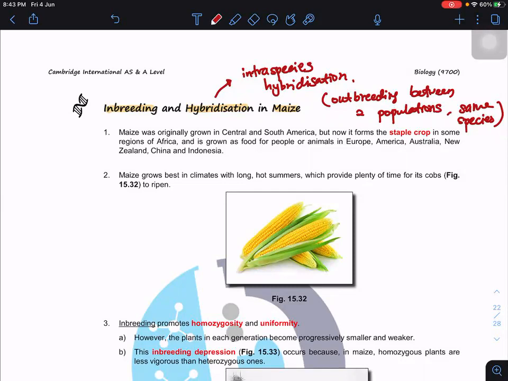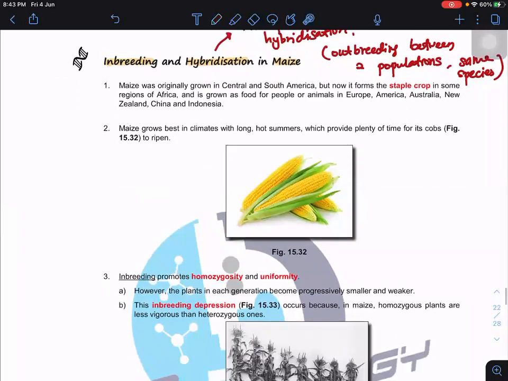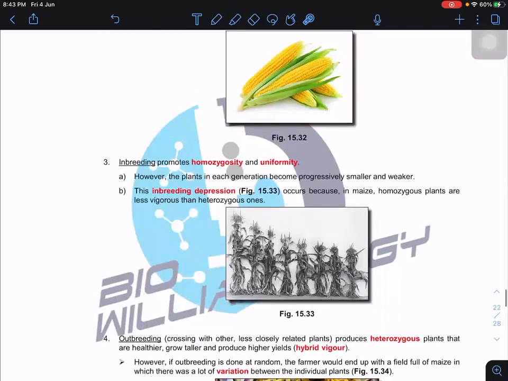Okay, so we look at the maize. So maize was originally grown in Central and South America, but now it forms a staple crop in many regions of the world. Okay, maize grows best in climates with long hot summers, which provide plenty of time for the crops to ripen. So in order to get a very nice one, we always do inbreeding. So always remember, for farmers, uniformity is very important.